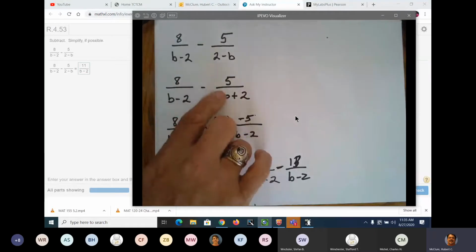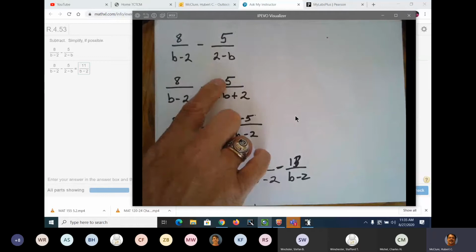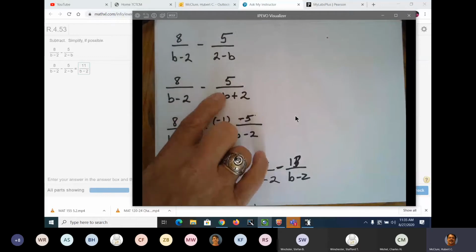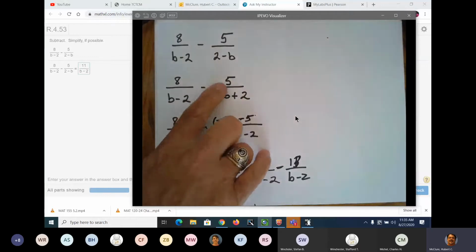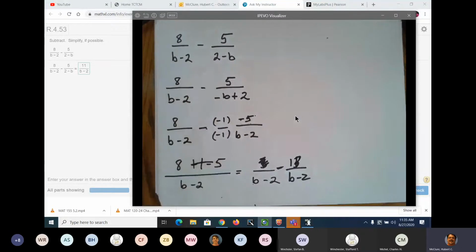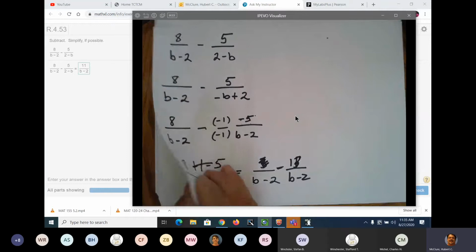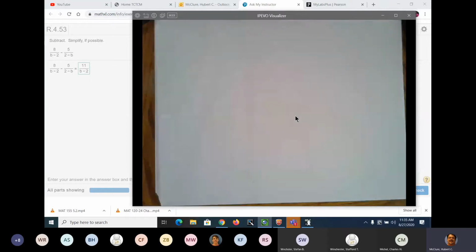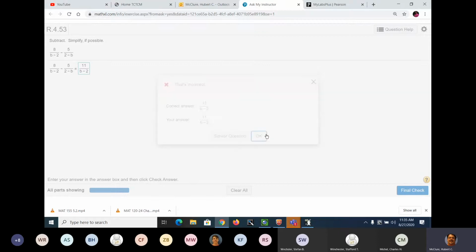That's why I got it wrong. There we go. -5 over b minus 2. And then -5 times that negative is a +13. So that's a 75% homework question, maybe a 25% test question. Just make sure you don't add 8 plus 5 and get 11. Please don't do that.